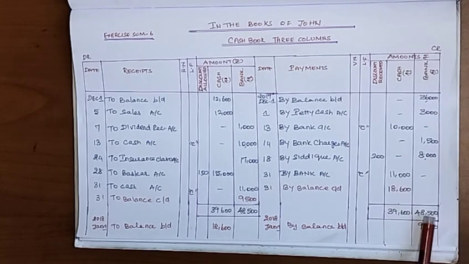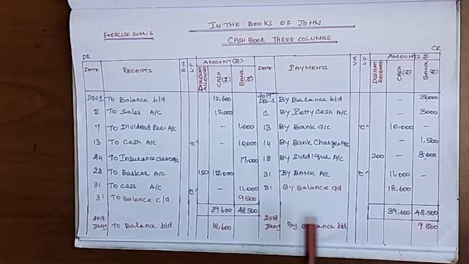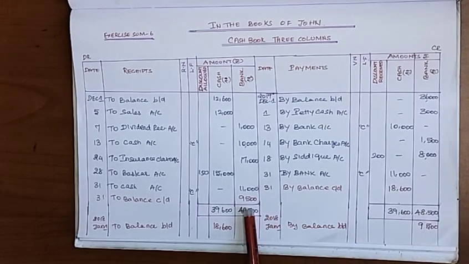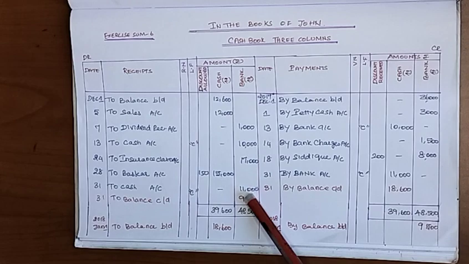So we have to enter this total on both the bank columns. 48,500 we entered on both sides as the total. Then we have to find the difference. Which side has the lesser value? Debit side bank column has the lesser value.